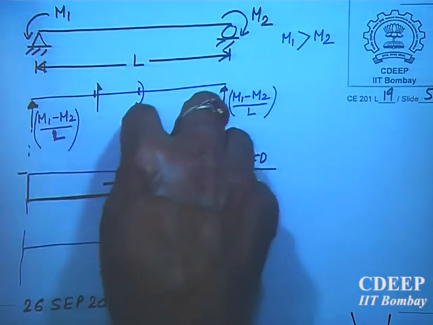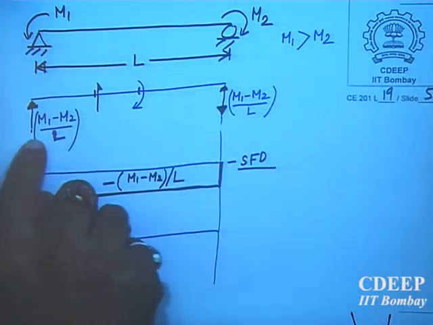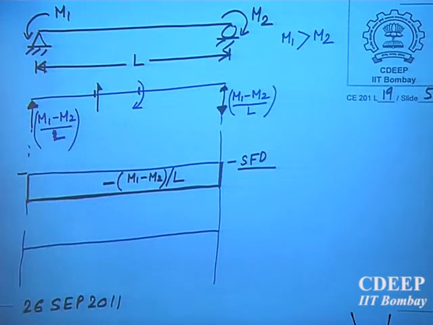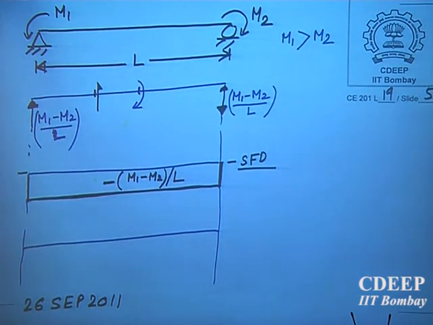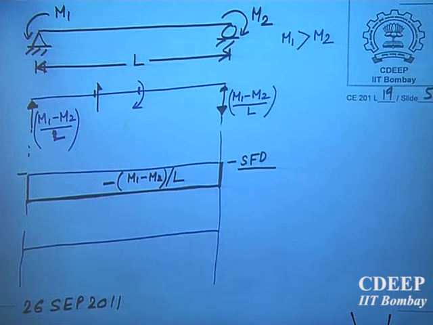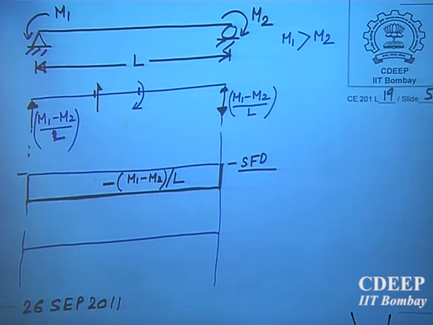That means this bending moment will be negative: (M2 minus M1) by L into x. Negative means it is M2 minus M1, or (M1 minus M2) by L negative into x. Is it okay?